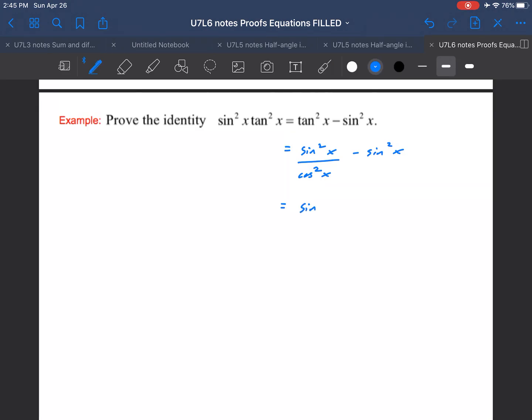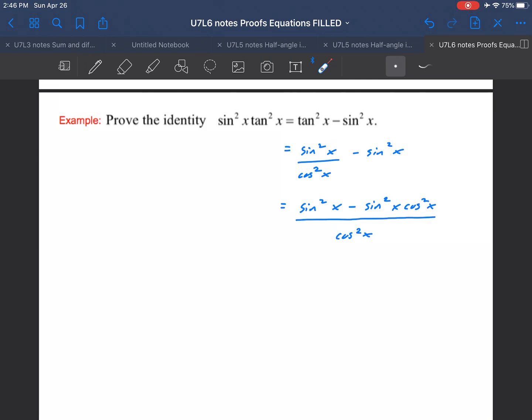So this is going to equal, and I'm going to combine them in one step, sine squared minus sine squared x cosine squared x over cosine squared x. And hopefully you can see what I did. So sine squared over cosine squared, that's this part. And this term I've multiplied top and bottom by cosine squared. Got that. And again, because these two now have the same denominator, I just wrote this as one big expression at the top.